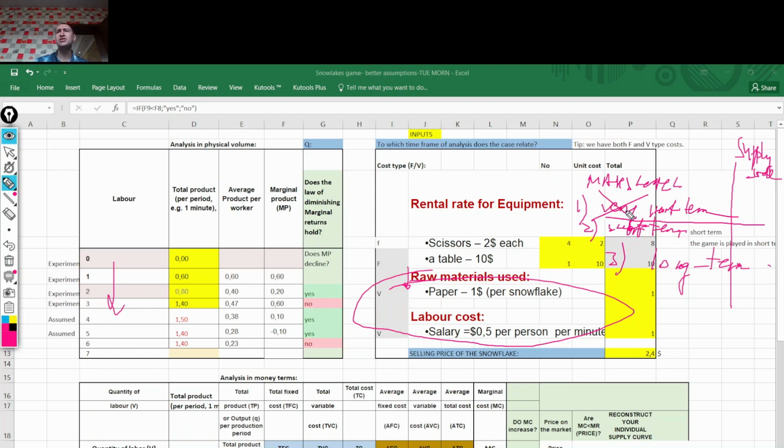We were able to change the production and supply of the snowflakes with the application of more variable factors. Our game was actually played in a short term, not in a very short term period, because some factors were fixed and some were variable. And we were experimenting about the effect of variable factors on the fixed endowment.